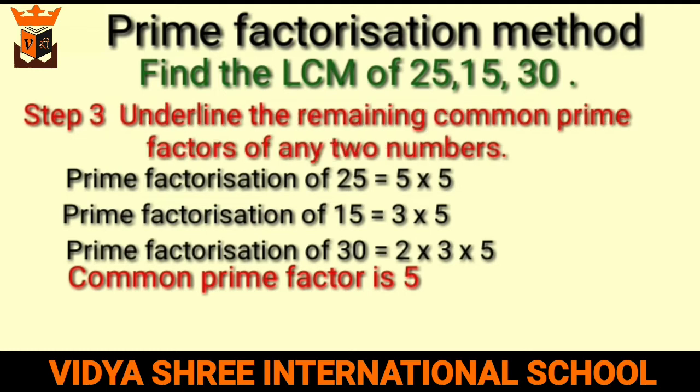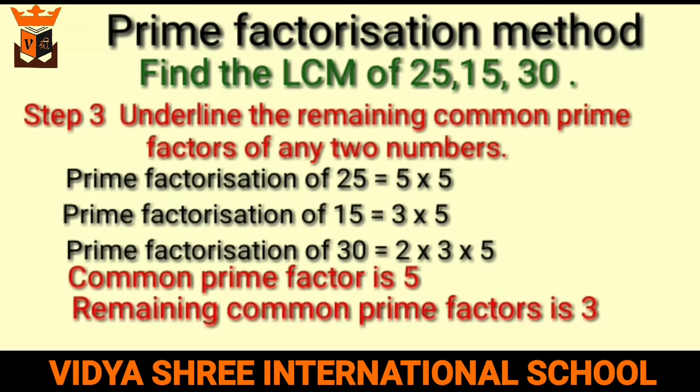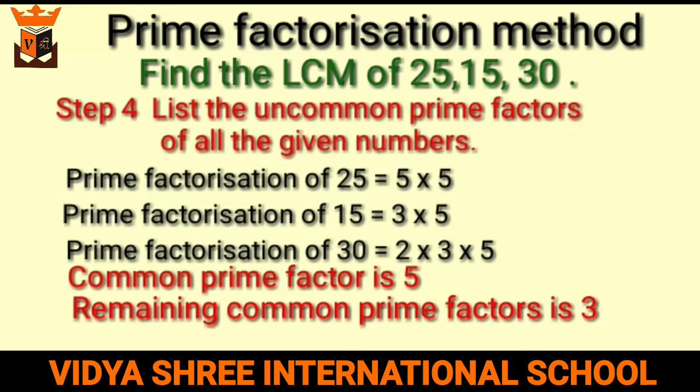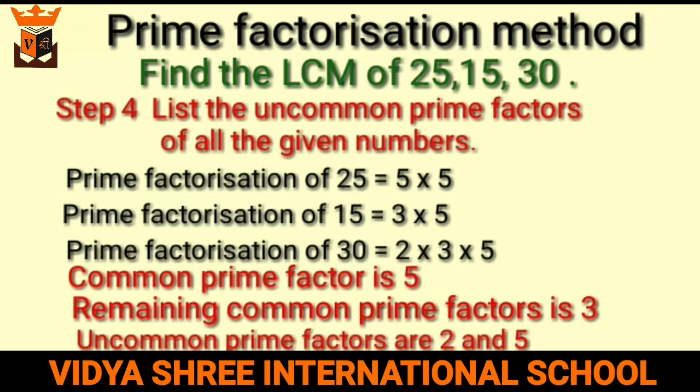In step 3, underline the remaining common prime factors of any two numbers. Here, remaining common prime factor is 3. In step 4, list the uncommon prime factors of all the given numbers. Uncommon prime factors are 2 and 5.